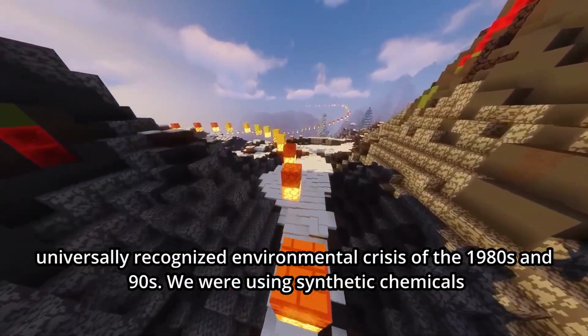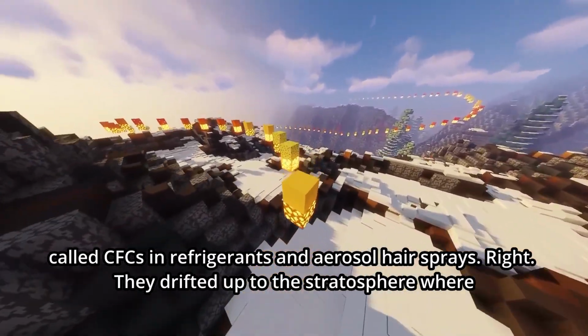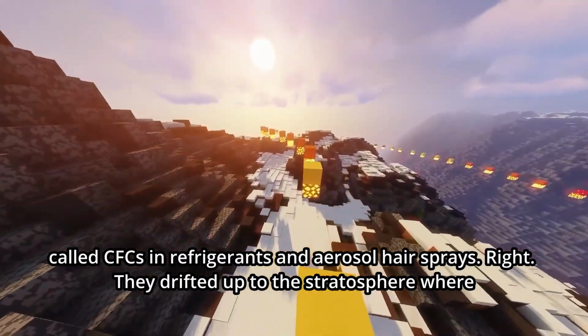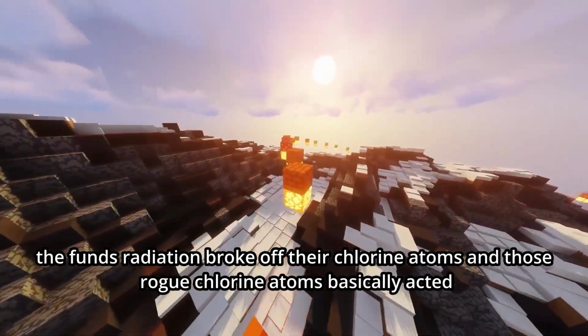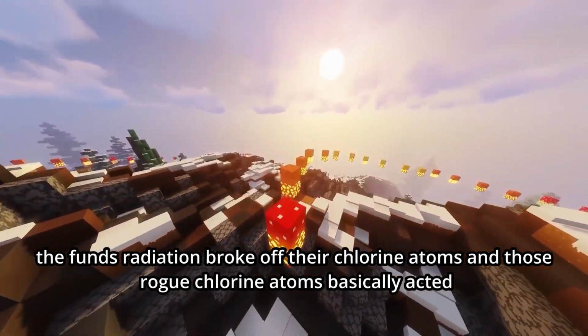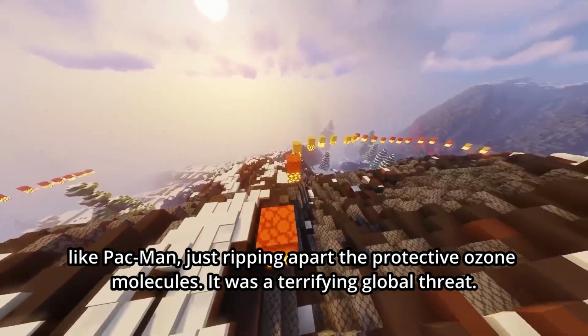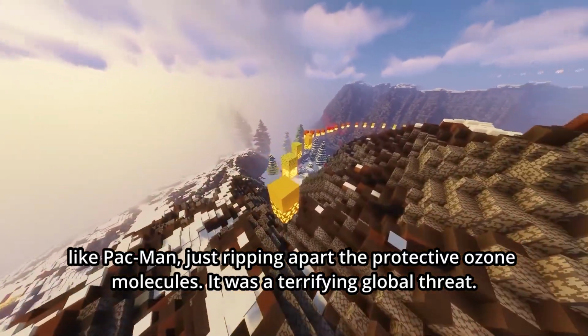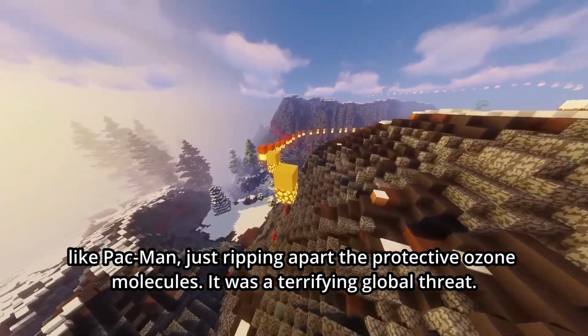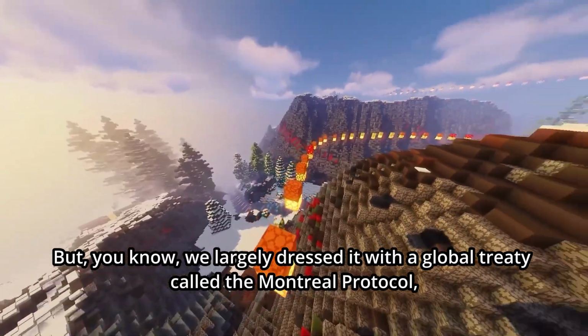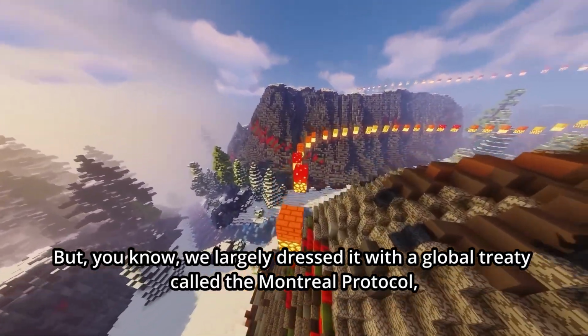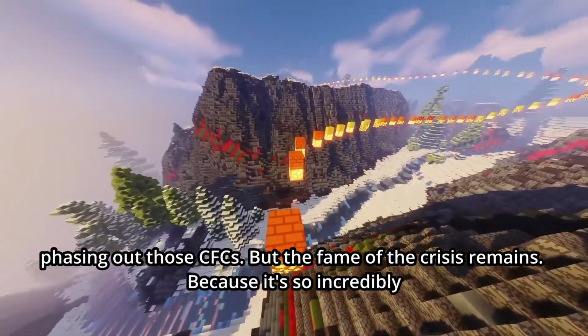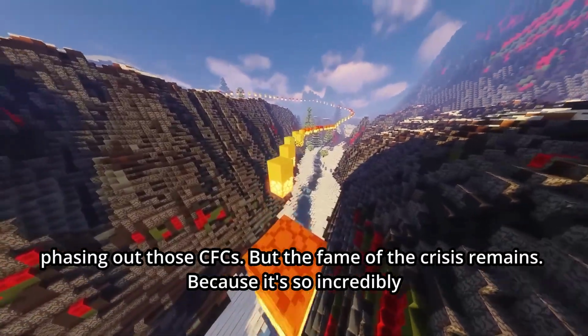We were using synthetic chemicals called CFCs in refrigerants and aerosol hairsprays. Right. They drifted up to the stratosphere where the sun's radiation broke off their chlorine atoms, and those rogue chlorine atoms basically acted like Pac-Man, just ripping apart the protective ozone molecules. It was a terrifying global threat, but we largely addressed it with a global treaty called the Montreal Protocol, phasing out those CFCs. But the fame of the crisis remains.